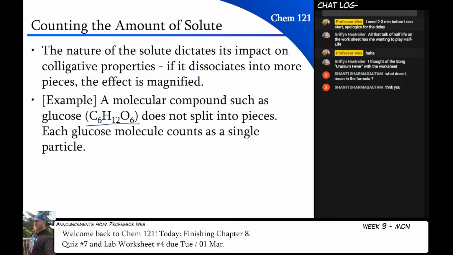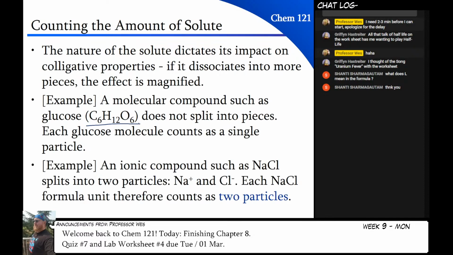What that means is that this molecule, C6H12O6, remains as one giant chunk, and it floats around the solution as such, and it contributes 1 particle per molecule. But if I had NaCl instead, NaCl is ionic, and it will dissociate into 2 pieces. Because all the solutions we're talking about are water, right? In water, ionic compounds, provided that they're soluble, will dissociate. This will give us 2 pieces.